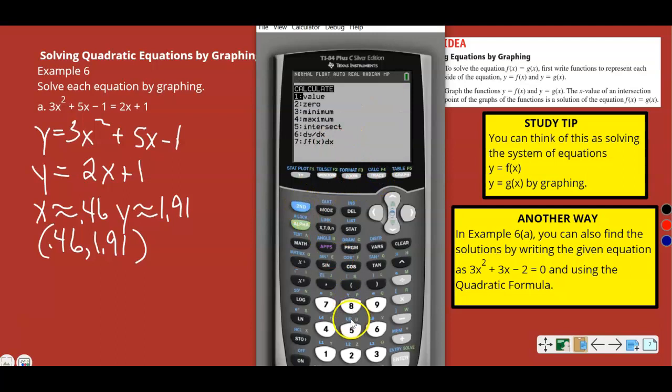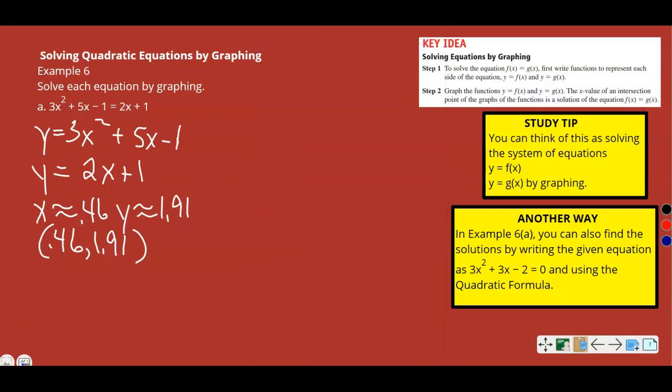Second trace 5, intersect, negative. So I forgot my negative 1 point. Okay. All right, so this one would be, all right, negative 1.46.